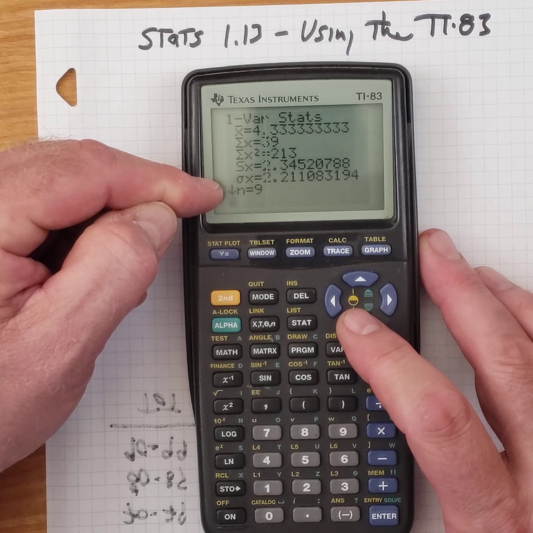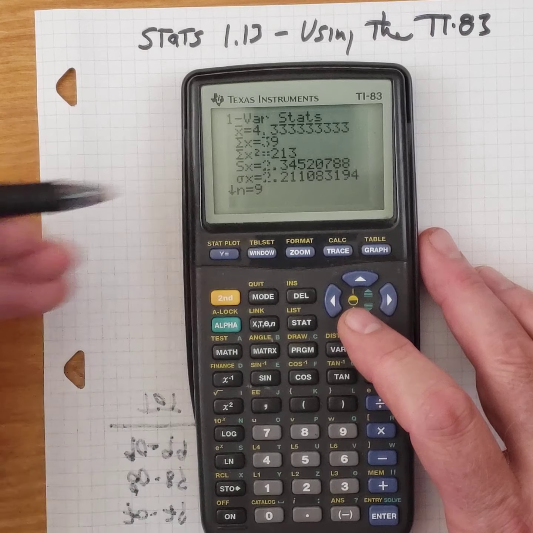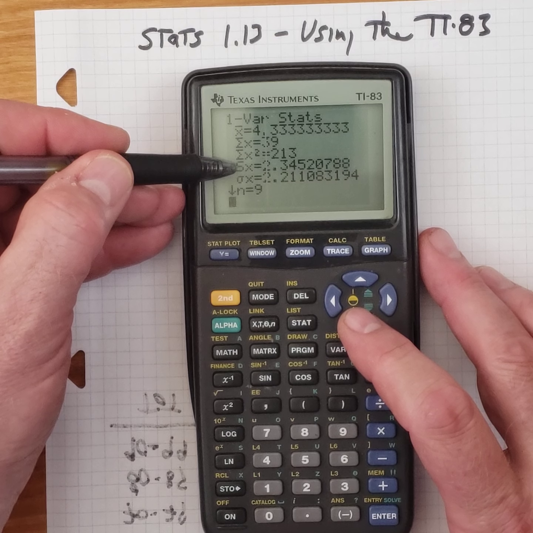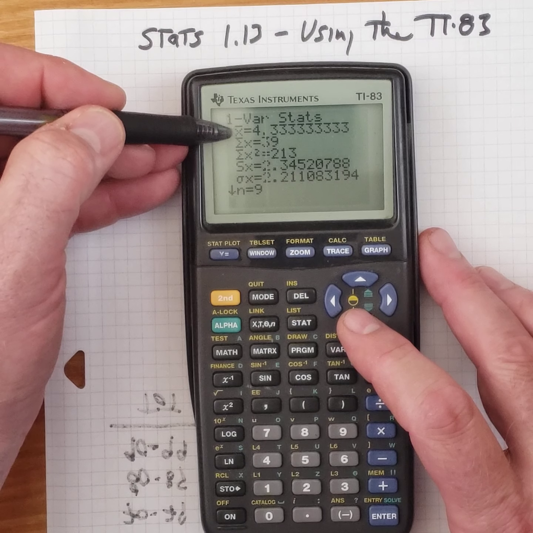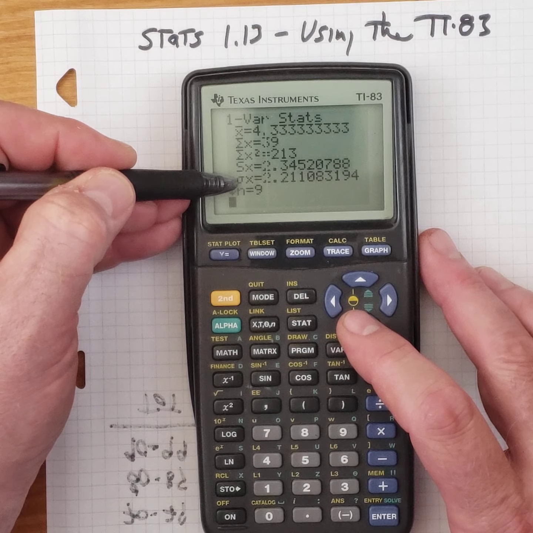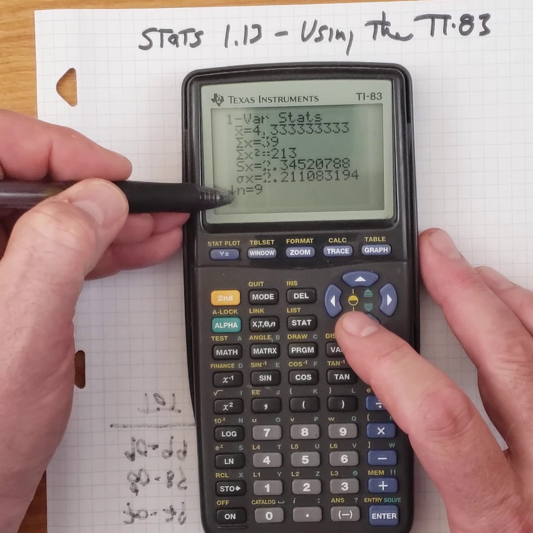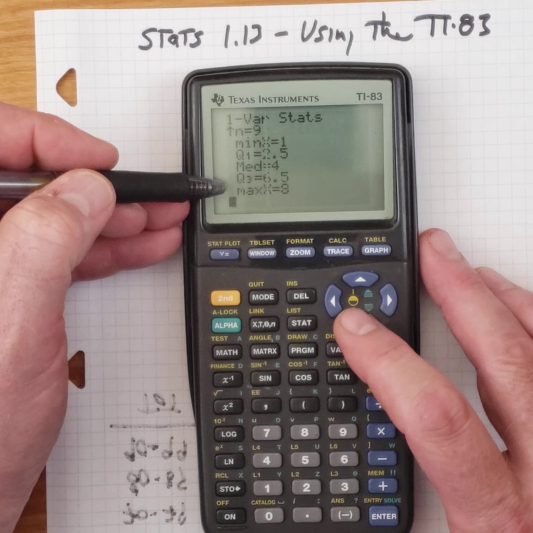Sigma X, small sigma X, remember, is the standard deviation. And that's the one we're going to care about. We're not going to care about the SX, which is another version of the standard deviation. We care about sigma X. So what we care about here, X bar is the mean. Sigma X is the standard deviation. And there were 9 numbers. That's just counting them. That's not terribly useful.